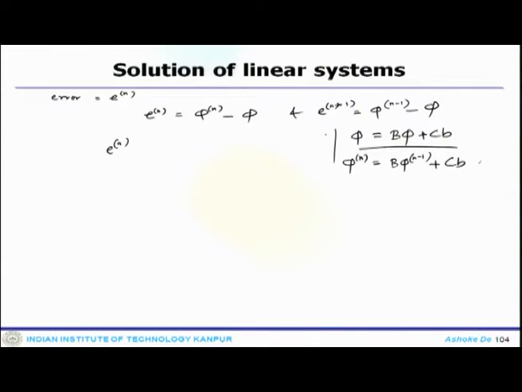Using these two, the error can be written as e^n = B e^(n-1). When it converges, in the limit n tends to infinity, the error must be 0.